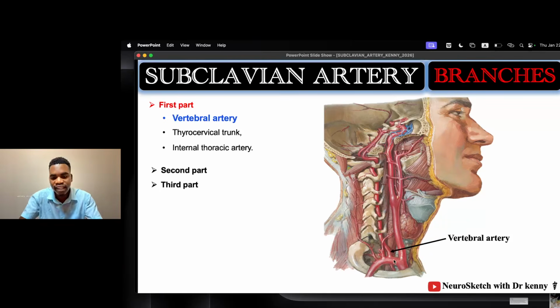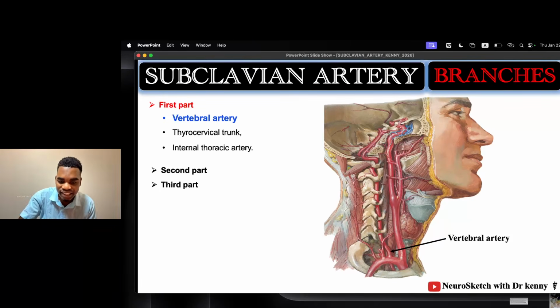This is on the right side, and we see one of the branches, the very first branch from the first part of the subclavian artery, is the vertebral artery, and the vertebral artery will go through the foramina transversarium. But most importantly, remember, it almost always skips the seventh cervical vertebra. It doesn't go through the transverse foramen of the seventh cervical vertebra.